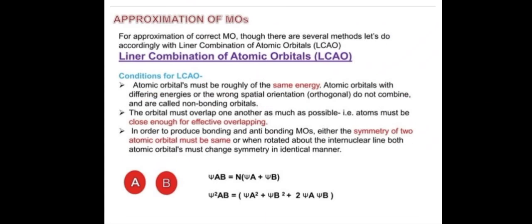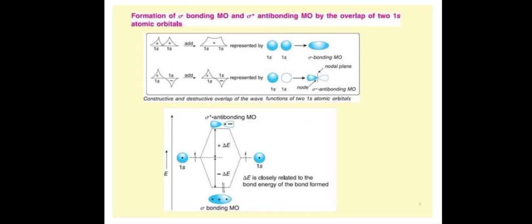Okay, so based on these principles, the distribution of electrons takes place, and after distribution of electrons, we will find what type of magnetic property the molecule possesses. So if the molecule consists of unpaired electrons in the top or valence shell, then it will exhibit paramagnetic behavior because of the presence of unpaired electrons.